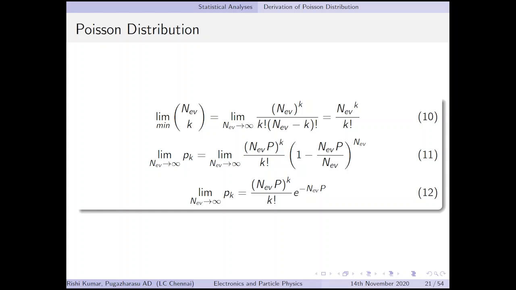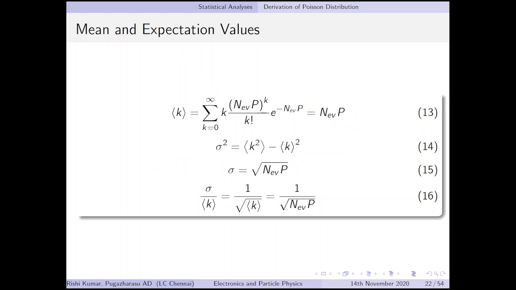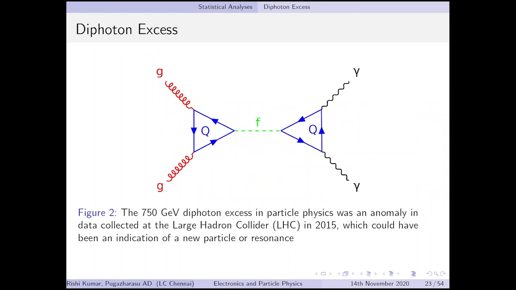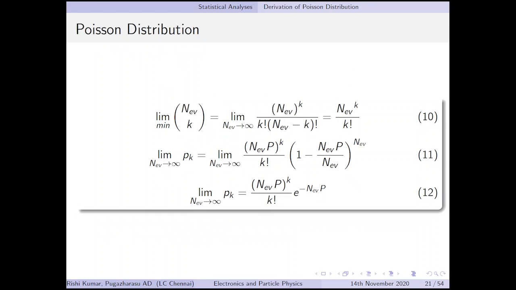I'm not going to explain too much of this, we can just take a look here. The limit of NEV and k is essentially a more refined version of the binomial distribution. And I think we know what the Poisson distribution looks like. I think we have an image there. So it essentially looks like a bell curve, right?